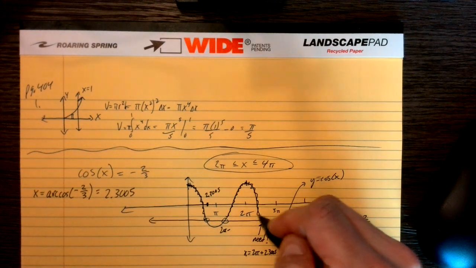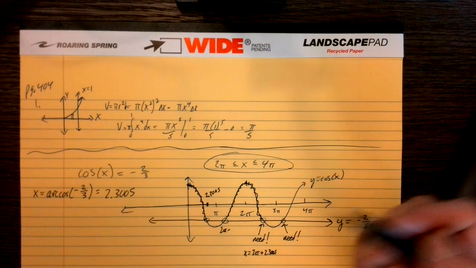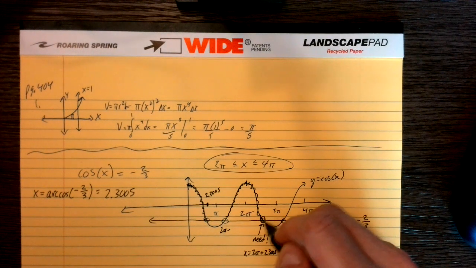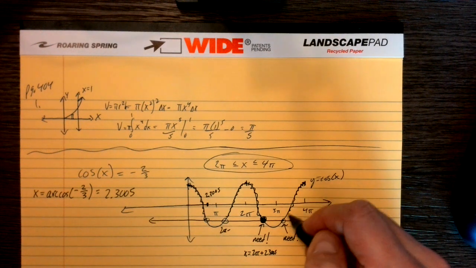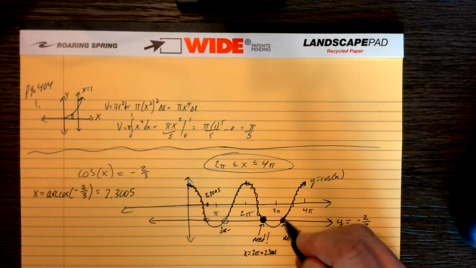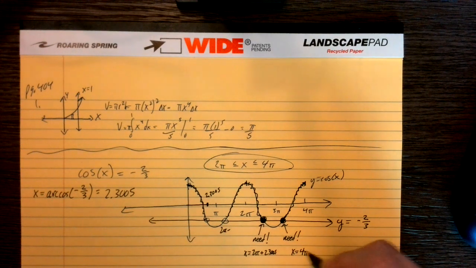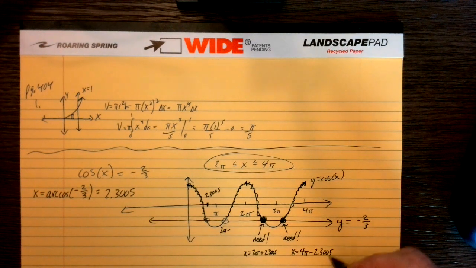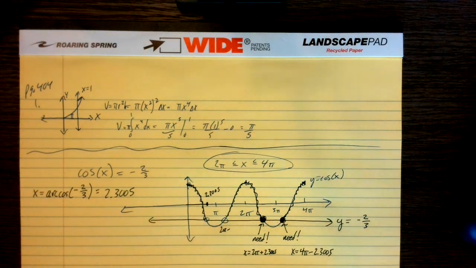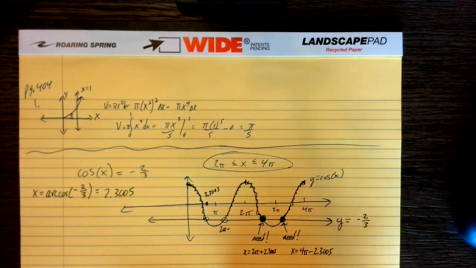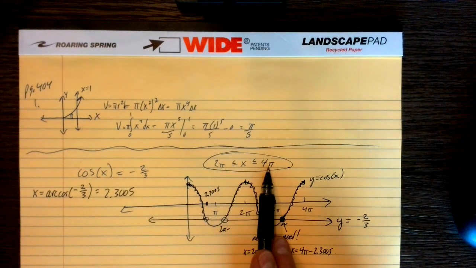Same exact pieces of curve. This guy right here then has got to be, going back from 4 pi, 4 pi minus 2.3005. And you are done in radian mode. Those are your two answers, because those are the only two answers that are in between 2 pi and 4 pi.